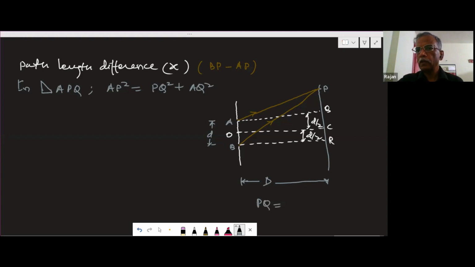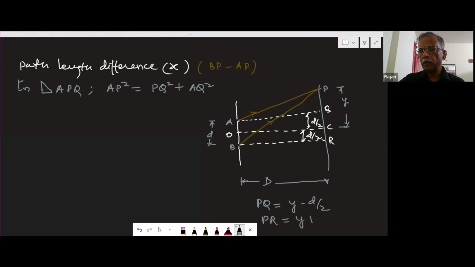From C to P, I can take it Y. First I am taking Y, then I can take Yn or Yn dash, whatever. So PQ will be Y minus d by 2. Yes or no? And similarly, in the other right angle triangle, we need to find PR. So it will be Y plus d by 2. Correct?